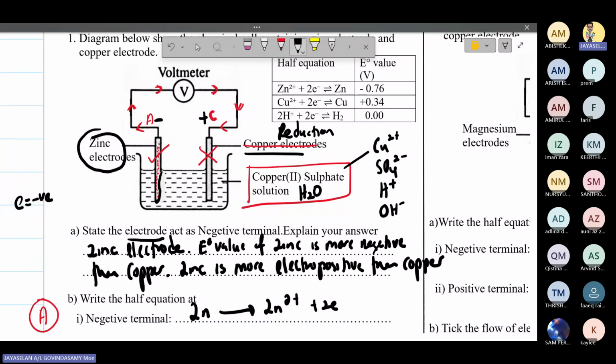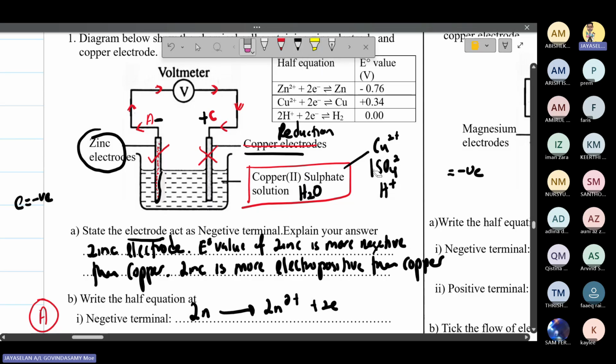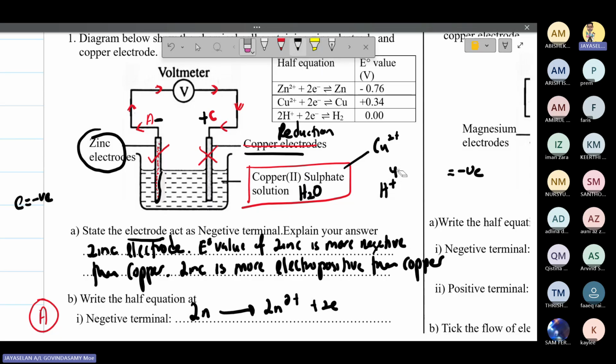Reduction means accept electrons. Electron is negative. Negative with negative, what will happen? Repel. So these two ions will move away because they have the same charge. Like charges repel. So the negative electrons will be accepted by one of these ions.